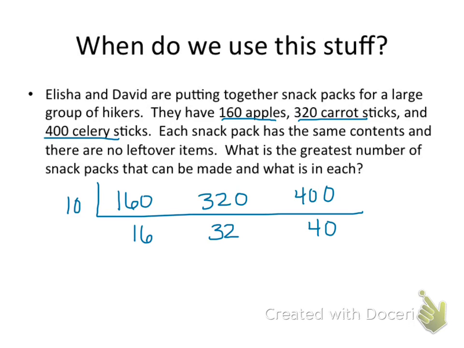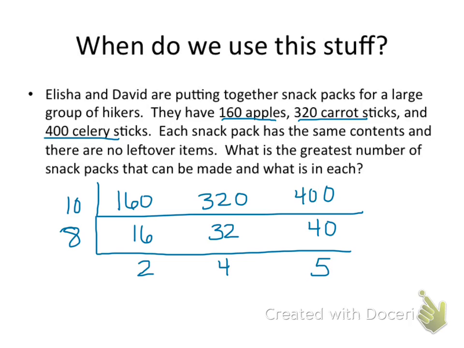I know they are all divisible by 2, which means there might be something else they're all divisible by. So I look for the largest thing I can find that they're divisible by. Let's try 8. Again, using larger factors on the outside means fewer rungs and steps on the inside. So 16 divided by 8 is 2, 32 divided by 8 is 4, and 40 divided by 8 is 5.